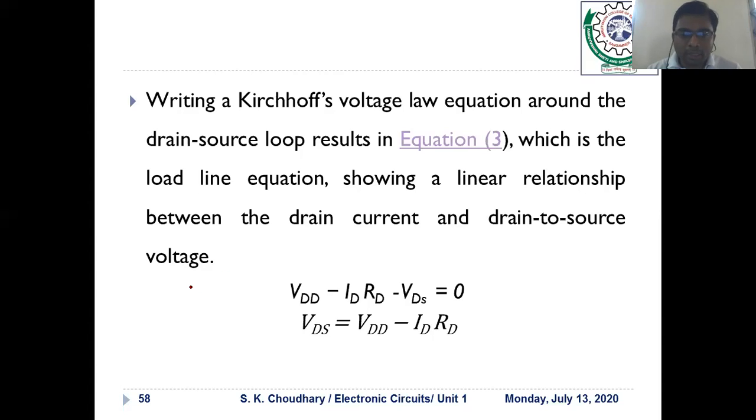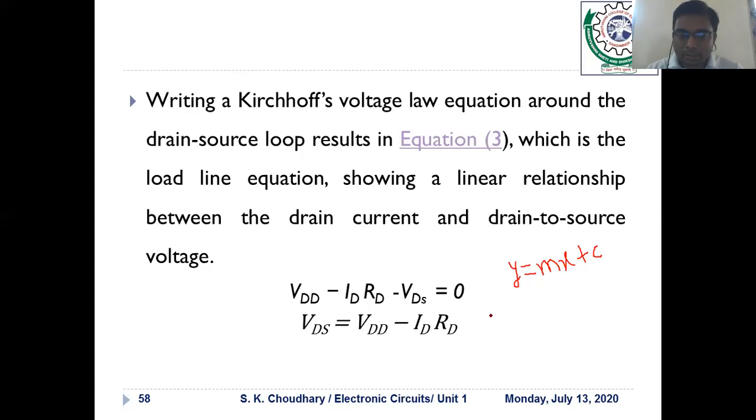As per coordinate geometry, we are very much aware of the straight line equation, y is equal to mx plus c. I think all of you have learned this equation in coordinate geometry. As per this equation given in the slide, in the ID-VDS characteristics, ID is always considered as y and the voltage term VDS is considered as x. So I will rearrange this equation in terms of y is equal to mx plus c.